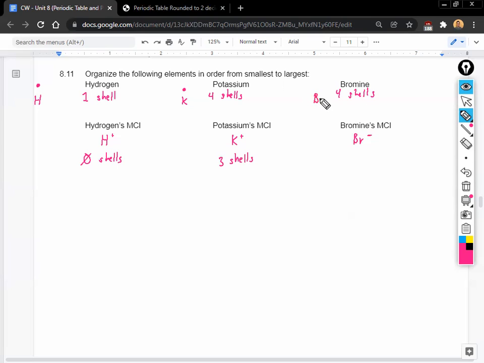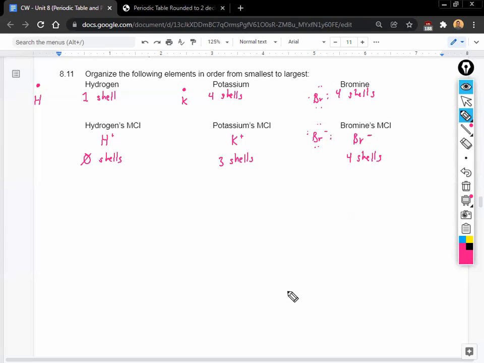Regular bromine has 7 valence electrons, so if I gain 1, how many shells does Br- have? 4. It stays the same, exactly, because all it does is gain 1 electron in the outermost shell, and then there's going to be 8 on the outside. So that's going to be the number of shells. Hopefully you guys are able to get that.